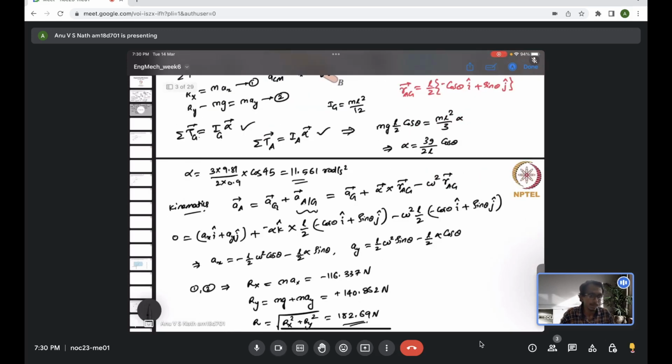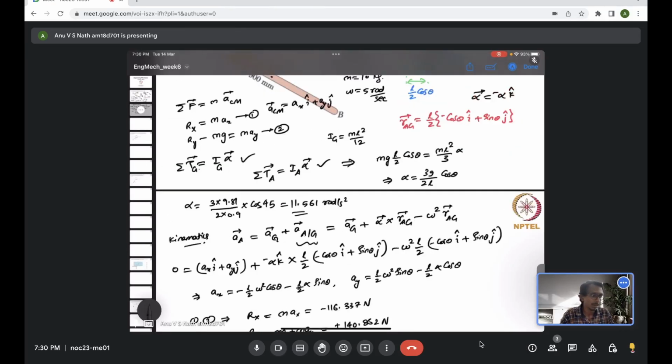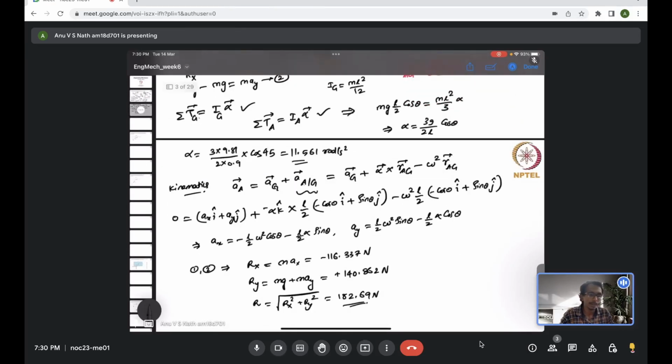You cannot explicitly solve alpha using only equation 3, the moment equation, but you have to keep it as an unknown. Later, you can solve equations 1 and 2 simultaneously along with the acceleration equation, where you substitute the moment equation relation. So you will be able to solve all the unknowns there.